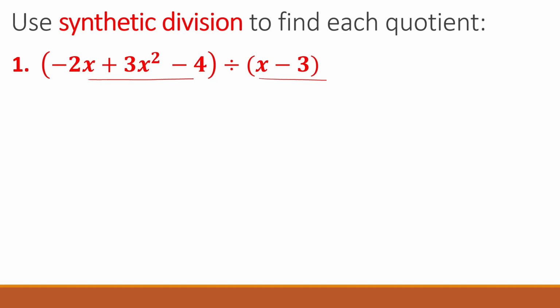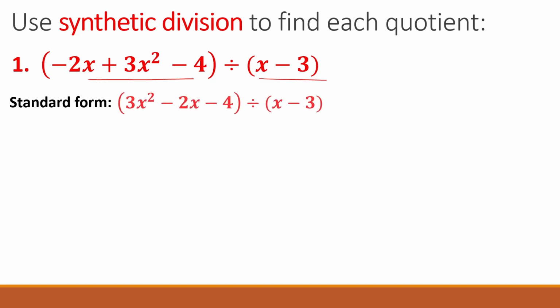So we have here 3x squared, x, and then negative 4. So walang missing term pero hindi siya naka-standard form. So write it in standard form. So the standard form of this is 3x squared minus 2x minus 4 divided by x minus 3. So we have the dividend 3x squared minus 2x minus 4.